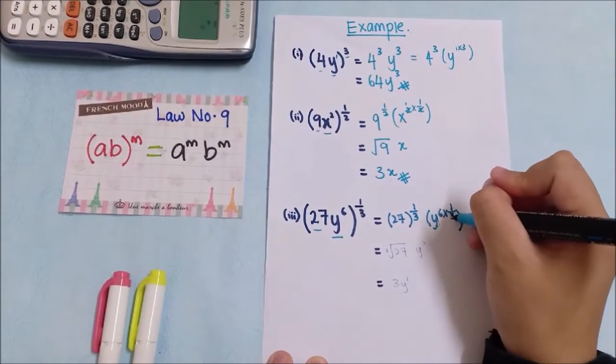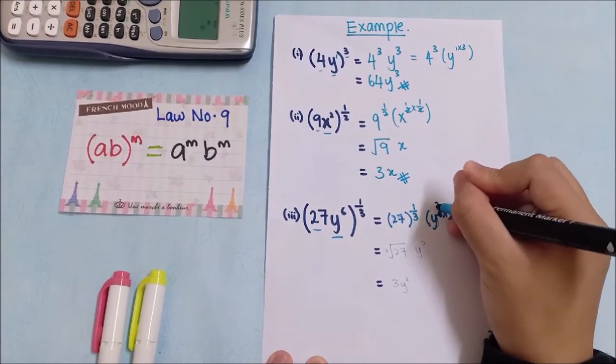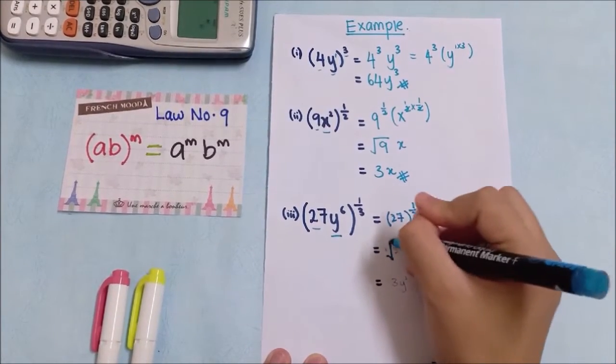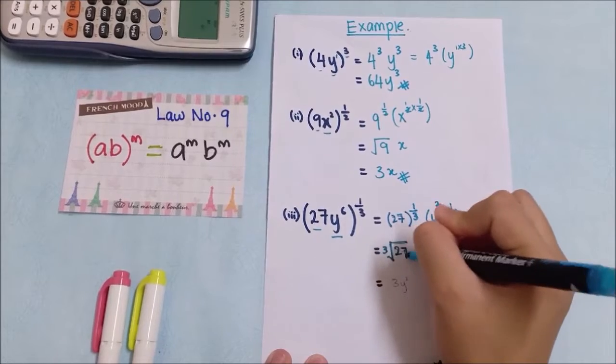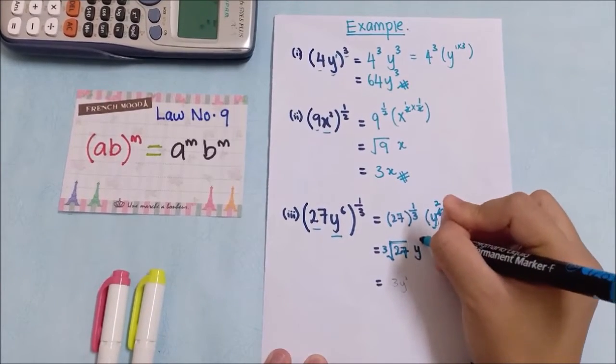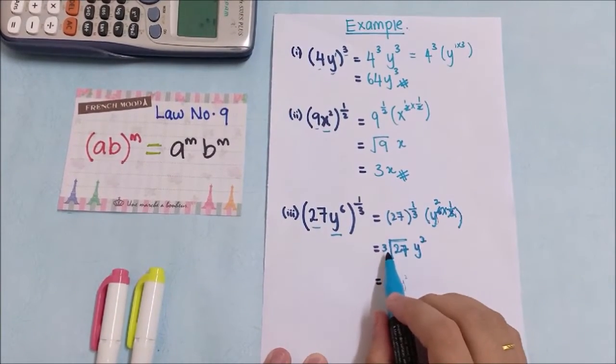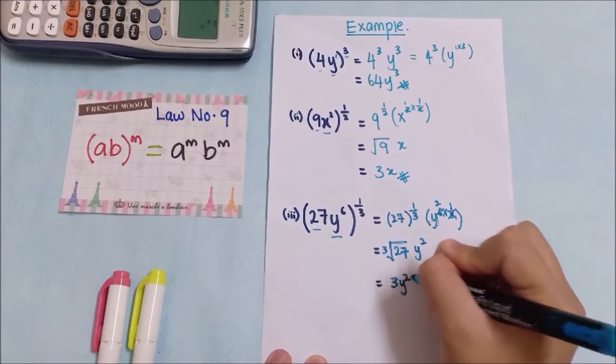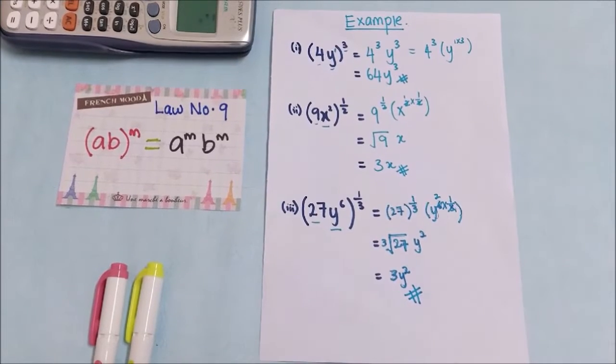So 6 and 3 can be cancelled, and it will be 2. So this one we change to the cube root. So cube root of 27 and y squared. So cube root of 27 is 3 and y squared will remain the same. So it will be the last answer.